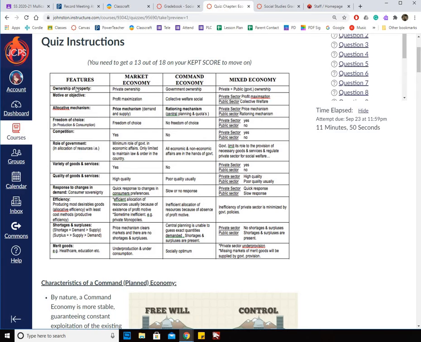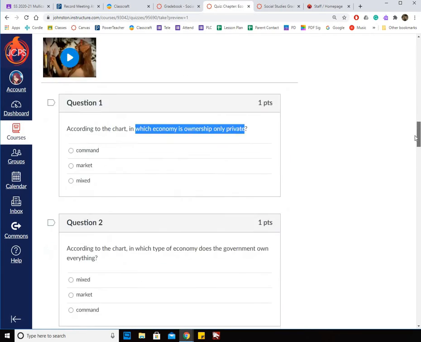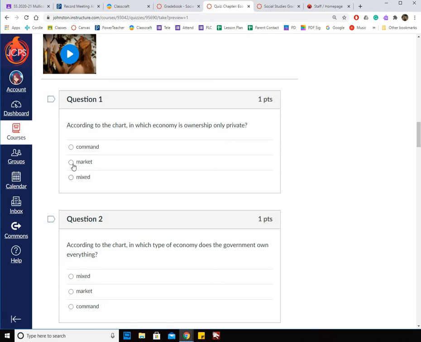So ownership of property. Market has private, command has government, and mixed is private and public. So for number 1, it's going to be market.